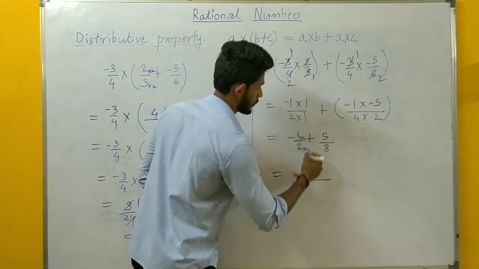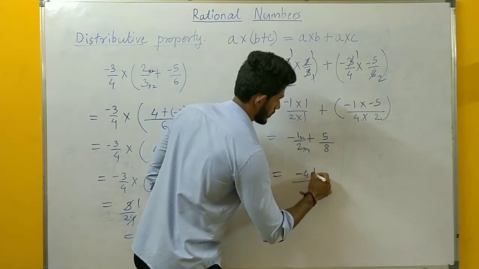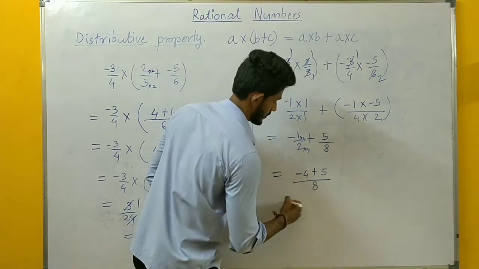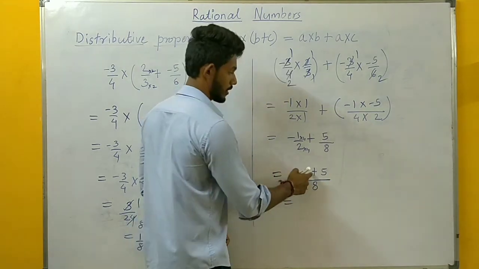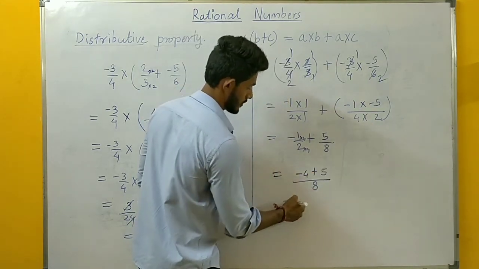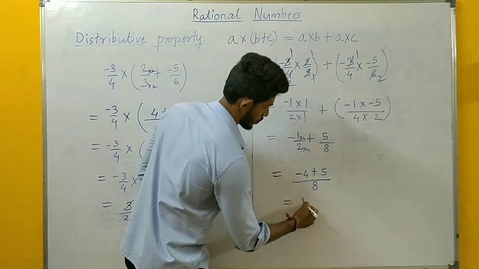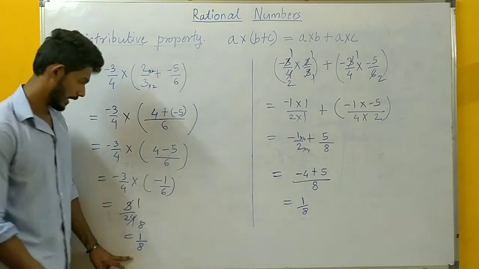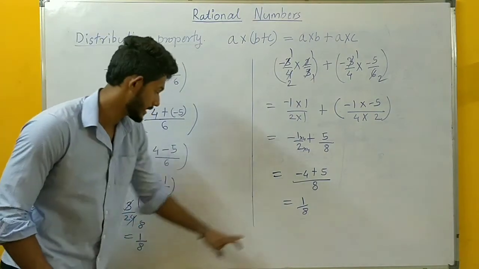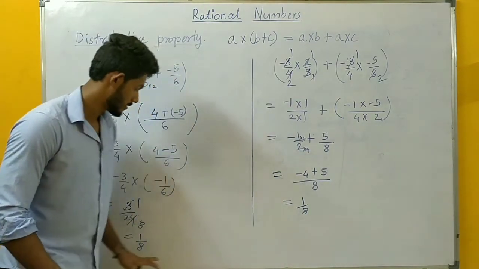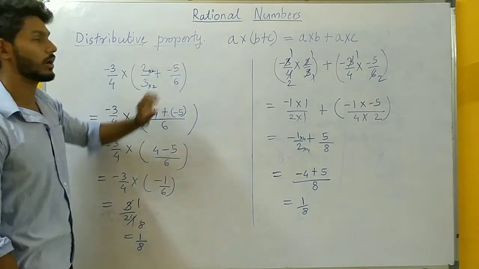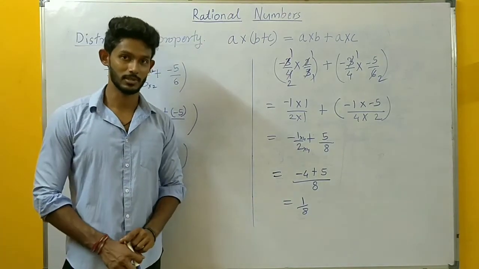So negative 1 into 4 is negative 4 plus 5 upon 8. So negative 4 plus 5 comes 1 upon 8. As you can see here, we are getting the same answer. So that means multiplication distributes over addition for rational numbers.